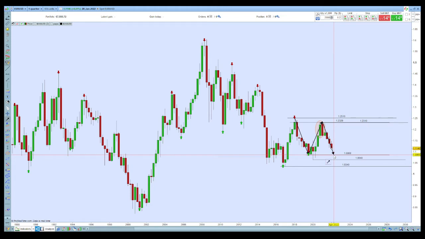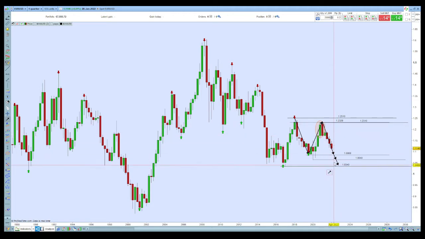Okay, so what we are looking at is basically this here, here, here, here. Those are the key levels. Normally what I hope is we will see the market going down to 1.0340.